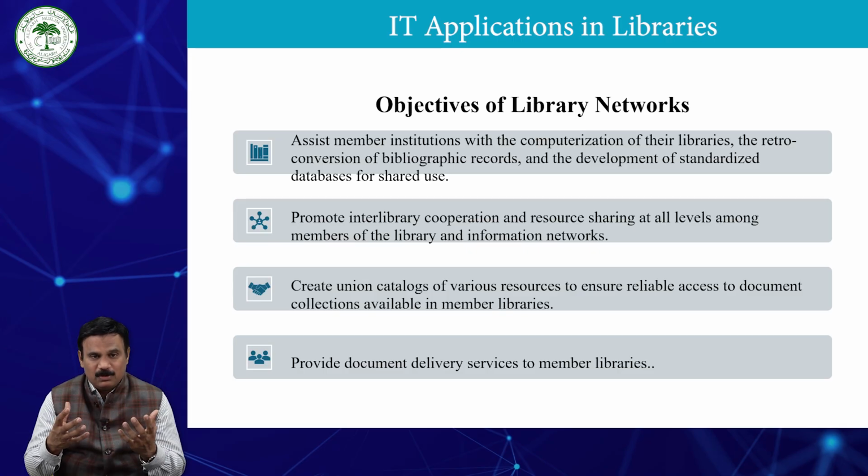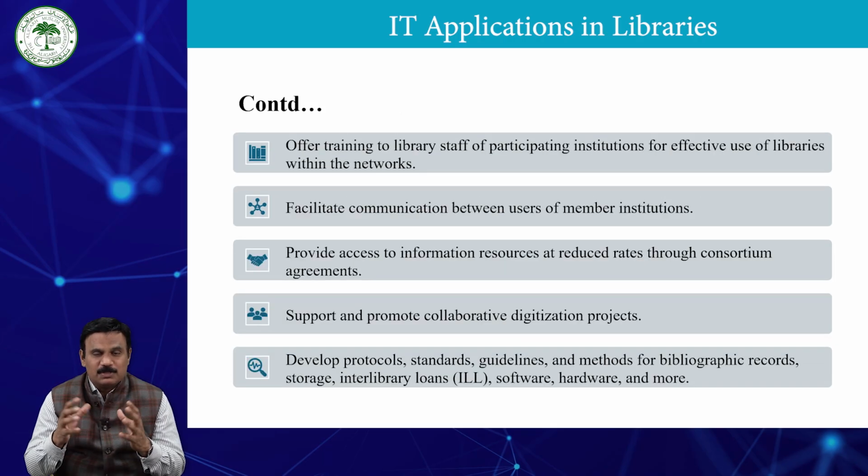Create union catalogs of various resources to ensure reliable access to document collections available in its member libraries. Provide document delivery services to member libraries. Offer training to library staff of participating institutions for effective use of libraries within the networks.